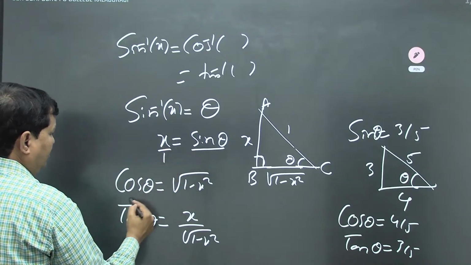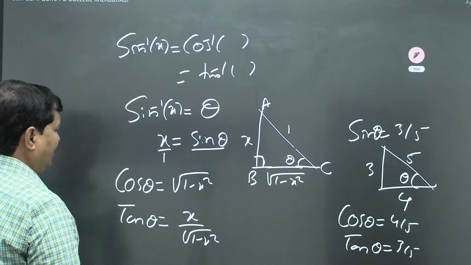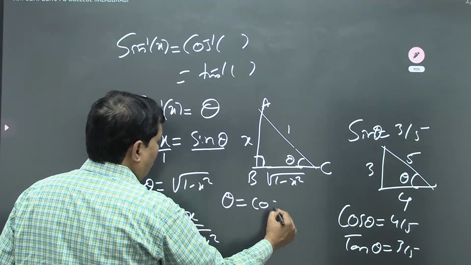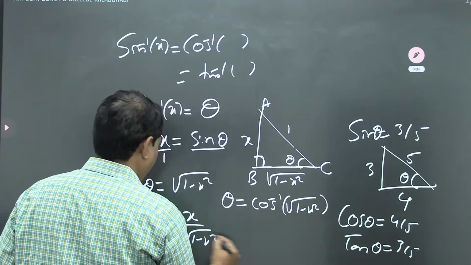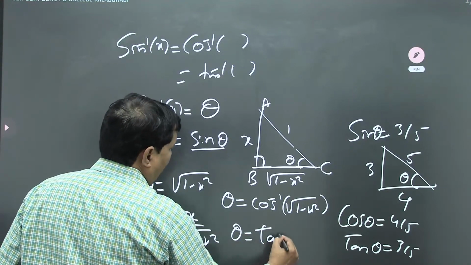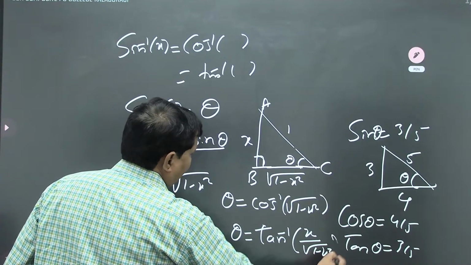Sin theta equal to x means cos theta equal to root of 1 minus x square. Tan theta equal to x by root of 1 minus x square. What about theta? So theta equal to cos inverse of root of 1 minus x square. Here also theta equal to tan inverse of x by root of 1 minus x square.